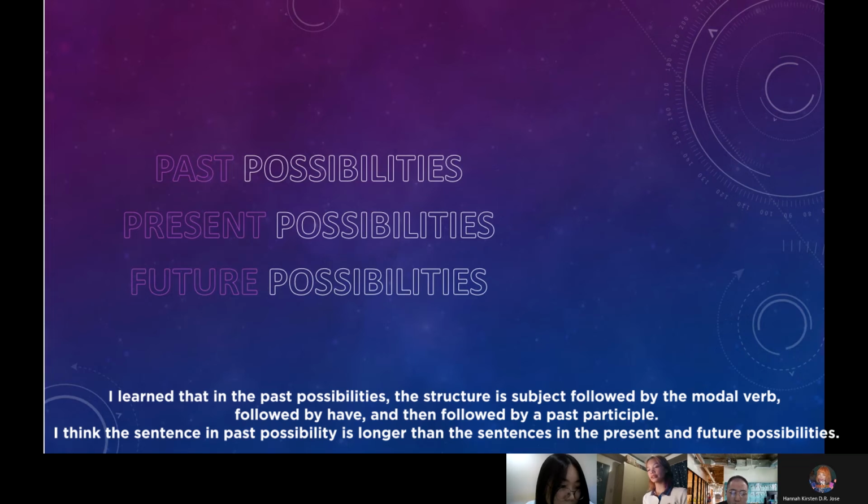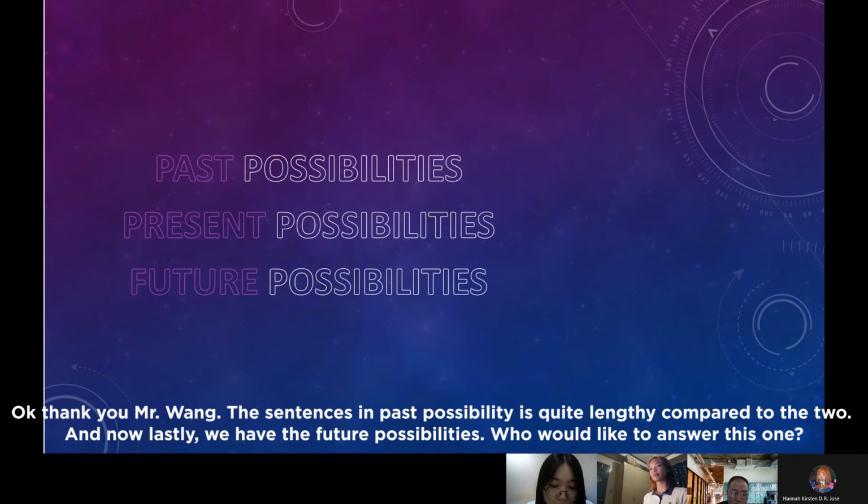I think the sentence in past possibility is longer than the sentences in the present and future possibilities. Okay, thank you, Mr. Wang. I agree. The sentences in past possibility are quite lengthy compared to the two.